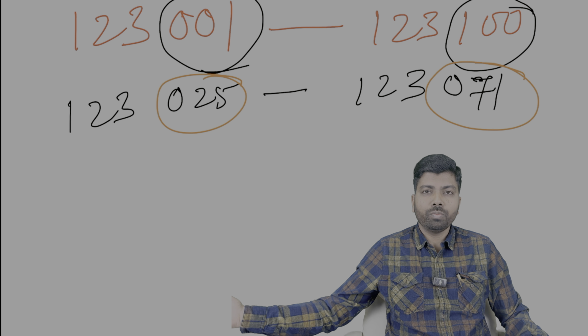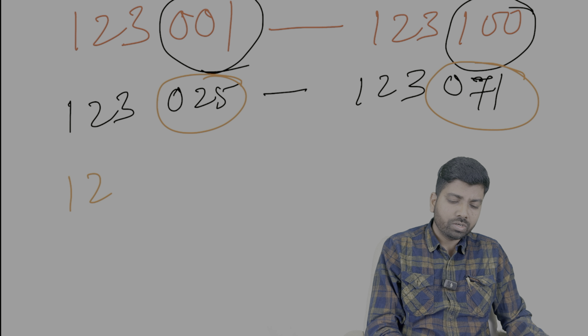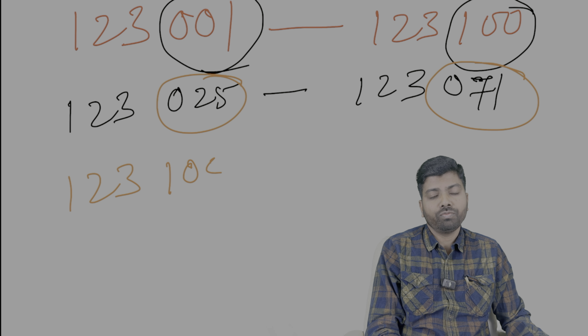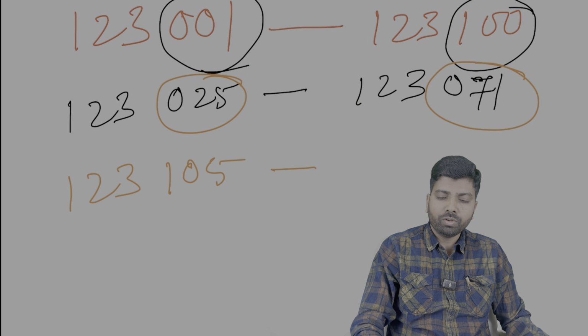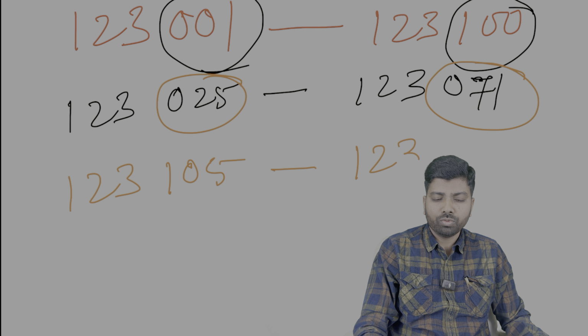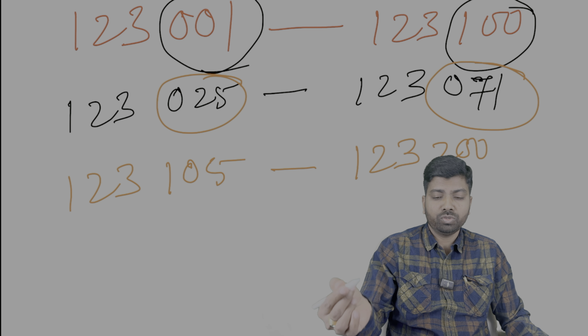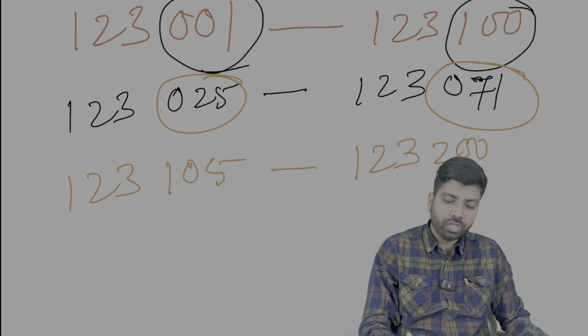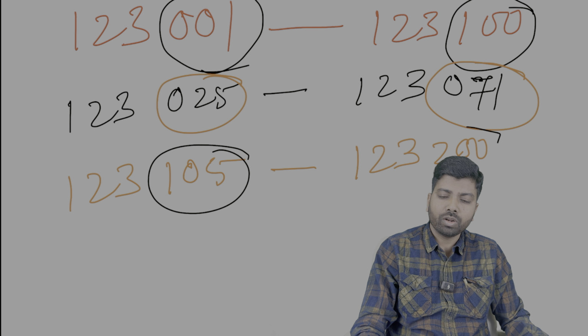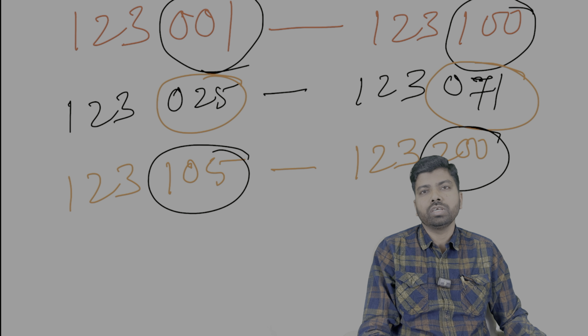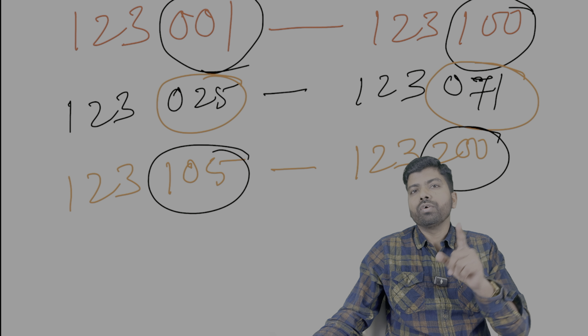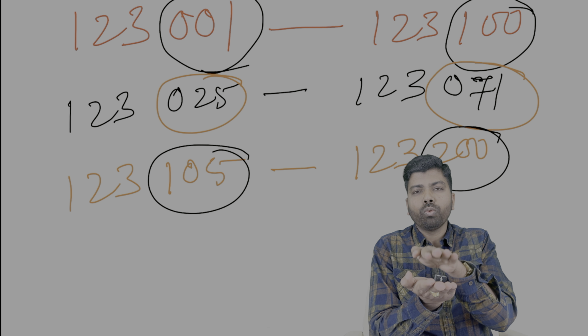The next roll number may start from 105 and continue up to 200, or maybe not exactly 200. So it starts from 105 and goes up to 200. This is also 1 century. Every century according to the roll number will be 1 packet.